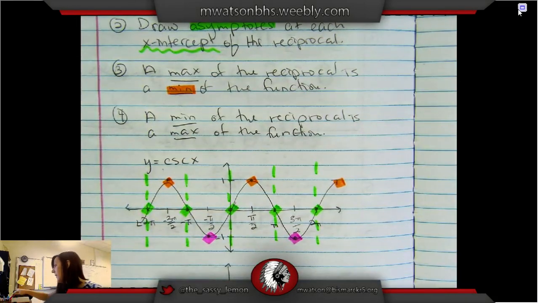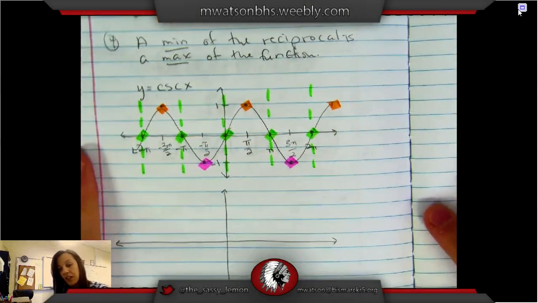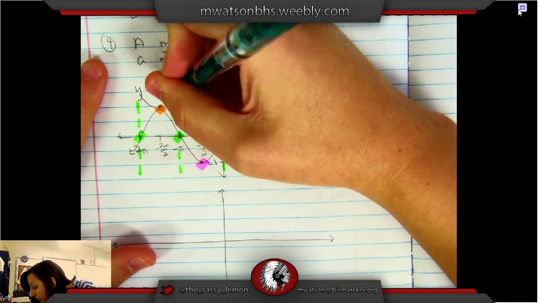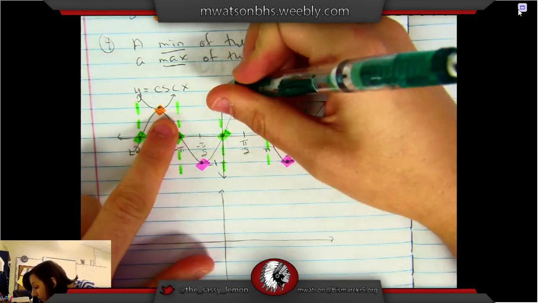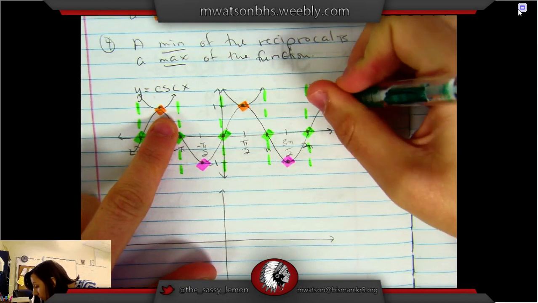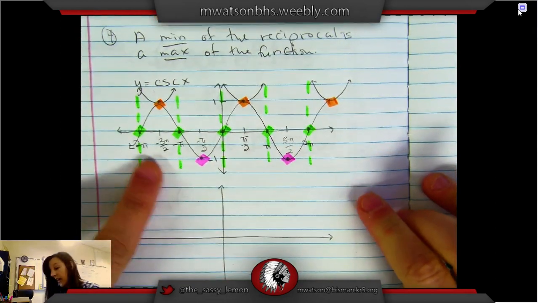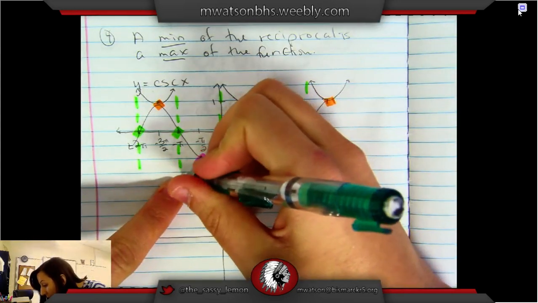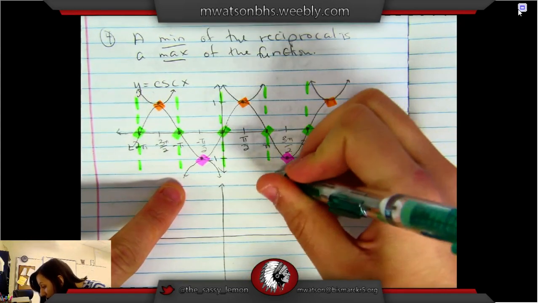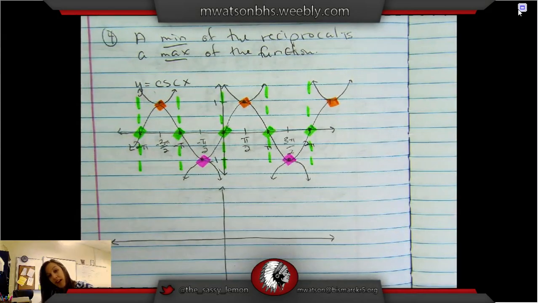Well, what on earth does that mean? Well, it's actually quite simple. Here's what it does. You draw little bitty parabolas with mins at each of the orange spots, what were previously maxes. And then you draw little upside down parabolas at all the pink spots. The ones that were originally mins are now maxes.